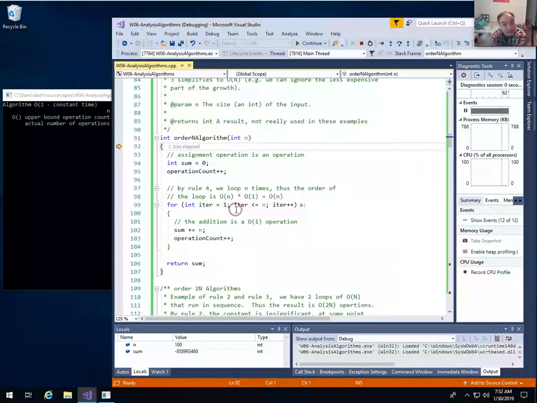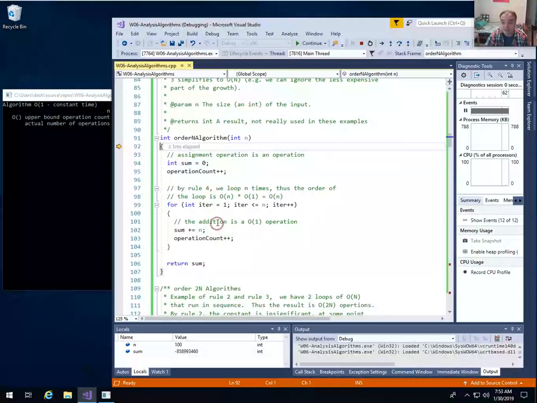The pattern for an algorithm that has big O running time, or growth rate of n, runs in linear time, is that you just have a simple loop that goes from 1 to n, and you do 1 or some constant number of operations every time. Again, if we were doing something non-constant inside of this loop, like calling another function or having another loop in here, then we might not be order n anymore, big O of n.